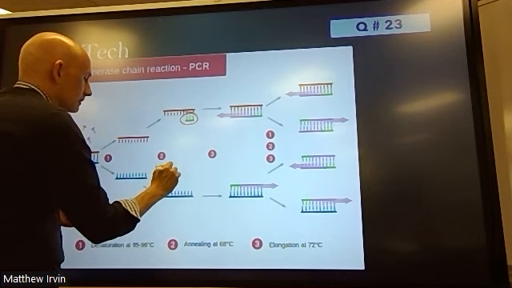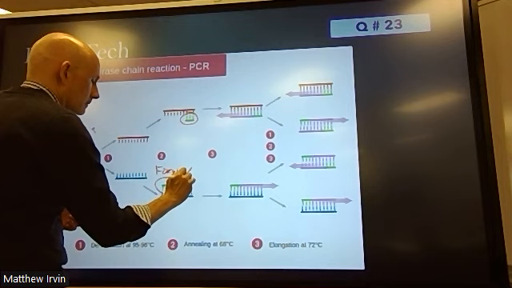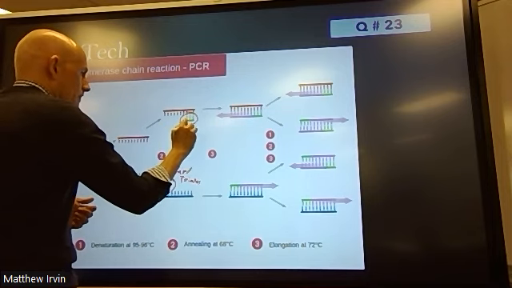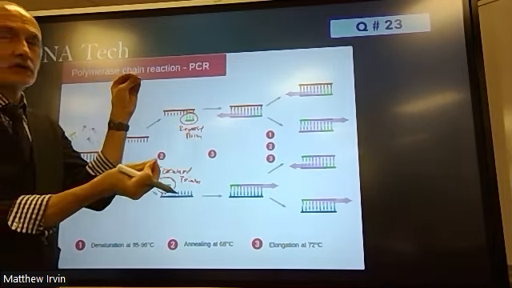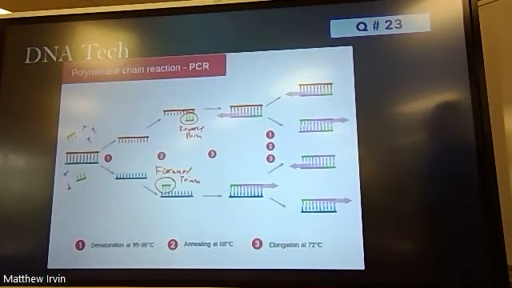Okazaki fragments, correct? And then we let it cool, it builds, we use Taq polymerase, it's heat resistant, and repeat this about 30 times. We get billions of copies of DNA, focusing on our target sequence.